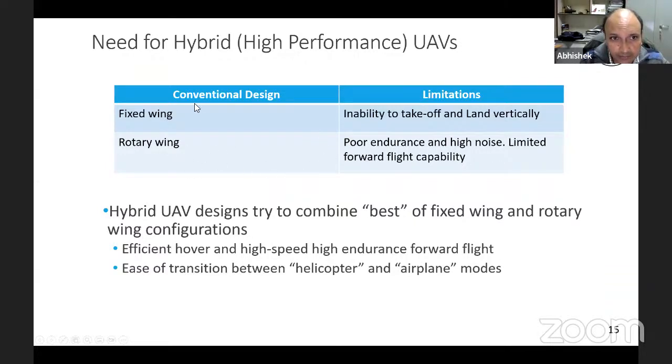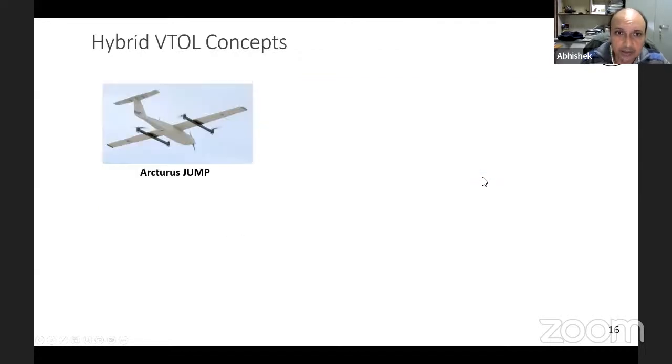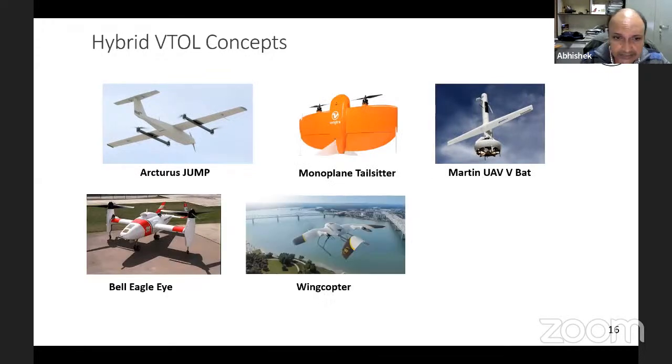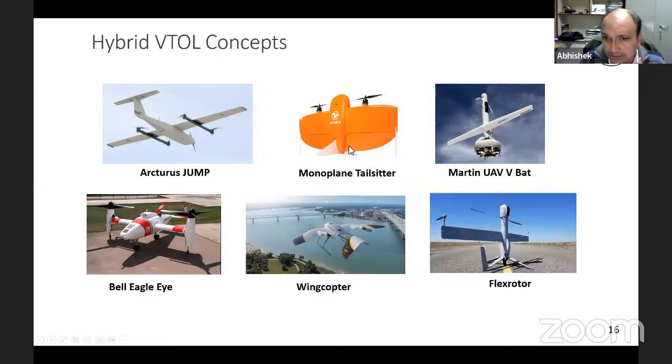So how do we combine the best from both worlds to get good efficiency in forward flight, but at the same time have the ability to take off and land from any unprepared runway and small areas? There are many hybrid VTOL concepts: tail sitters, and lift cruise platforms where you have a multi-rotor stuck to a fixed wing vehicle. All of them have some pros and cons.